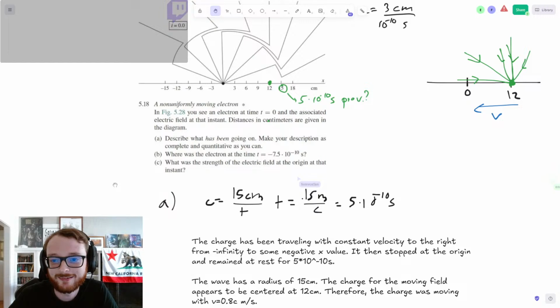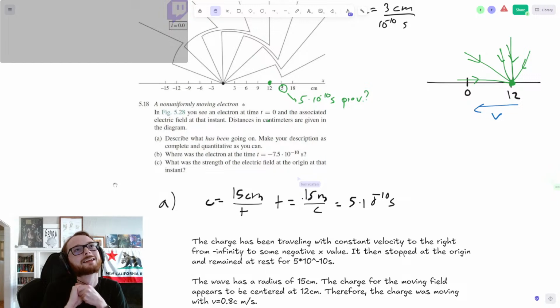All right. The strength of the electric field at the origin at that instant. Well, we could go back to 5.5 and use that formula, right? Let's do it. And theta would be 0.